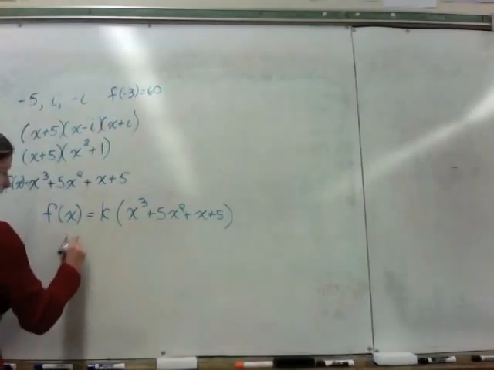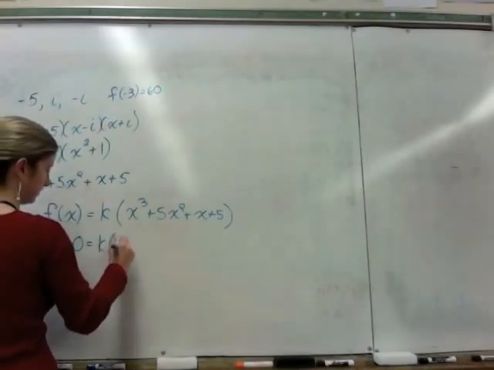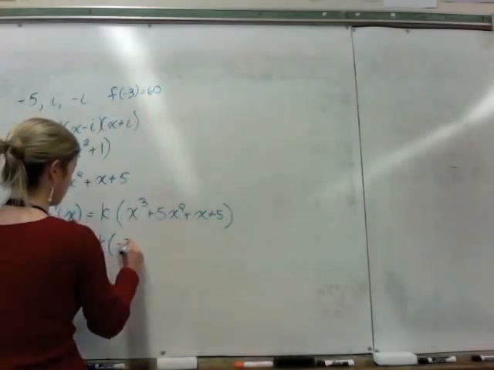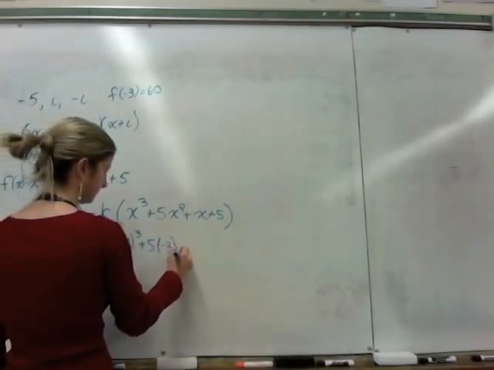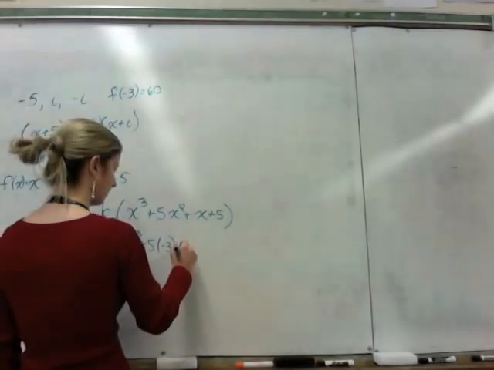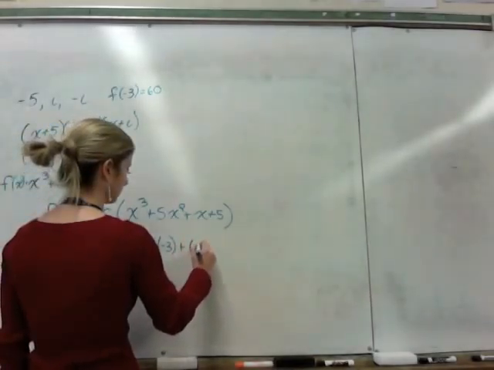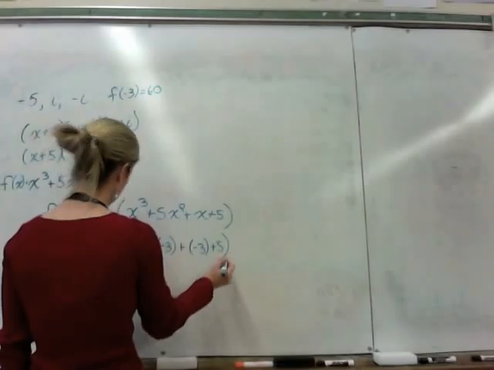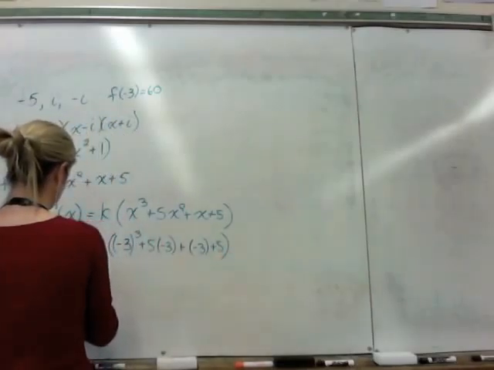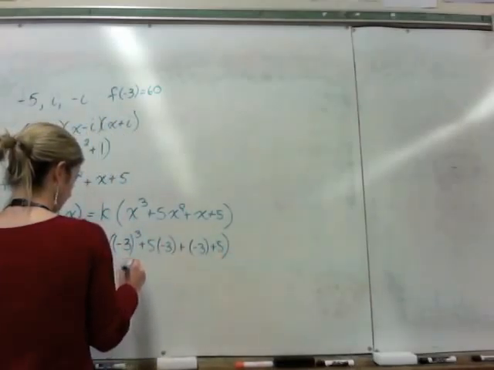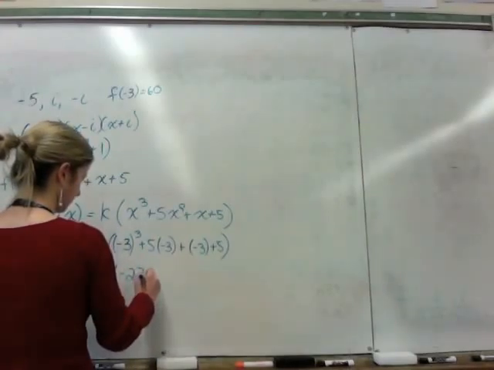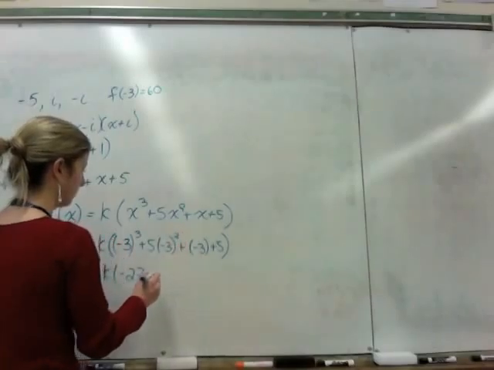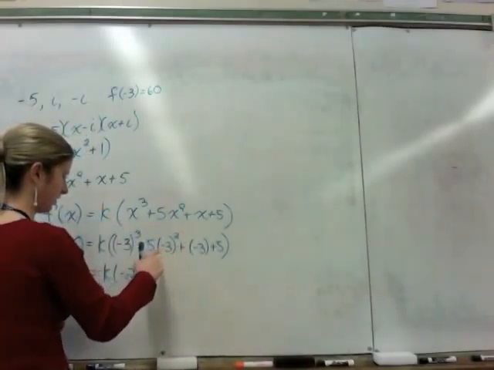So 60 equals this constant times negative 3 to the third plus 5 times negative 3 squared plus negative 3 plus 5. So this is going to equal, negative 3 cubed is what? This constant times negative 27, plus what is that?